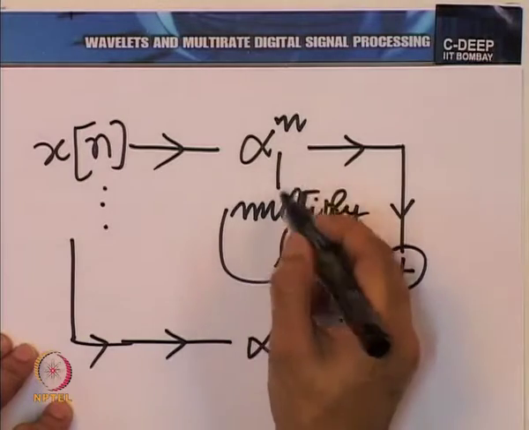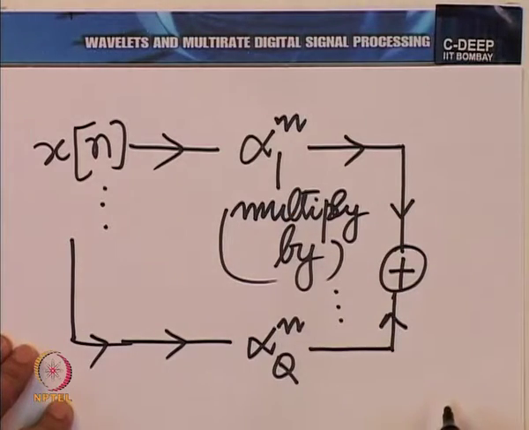So, multiplication by alpha_1 to the power of n, or alpha to the power of n in general, is easy to handle in the Z domain.